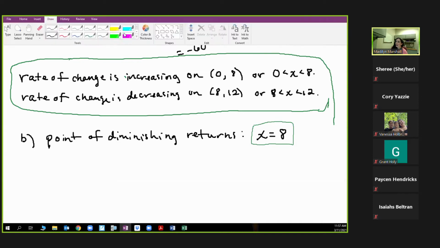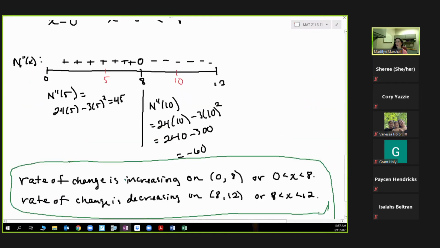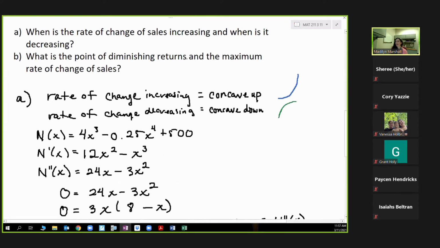So the other question for part B: what is the maximum rate of change of sales?